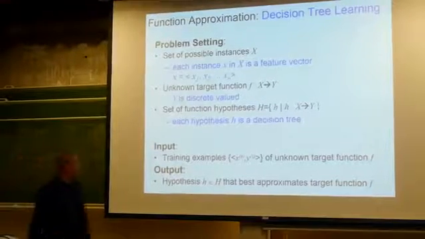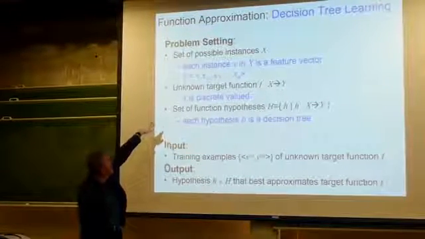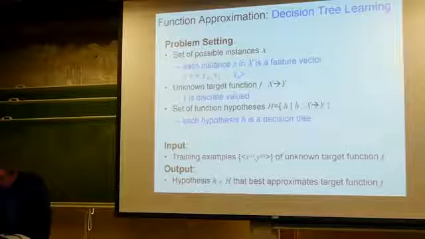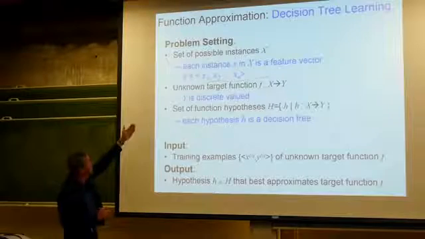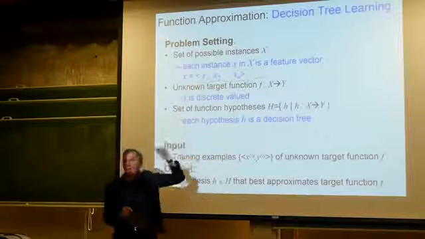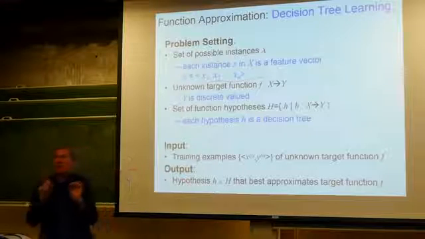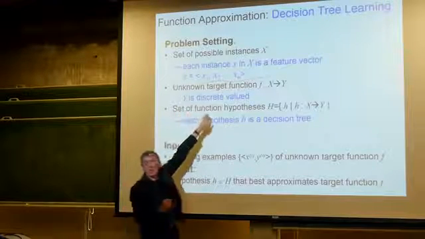So in the case of decision tree learning, we can easily instantiate this. For decision trees are defined over inputs that are feature vectors of different features that have discrete values. So we talked about humidity could be low or normal or high and so forth. Y has to be discrete valued too.